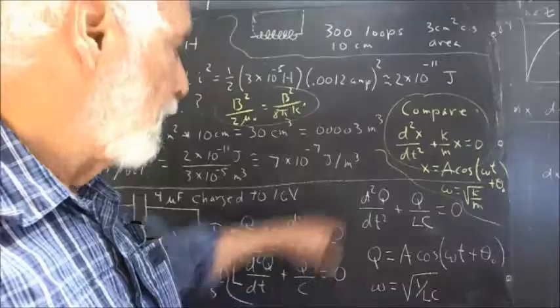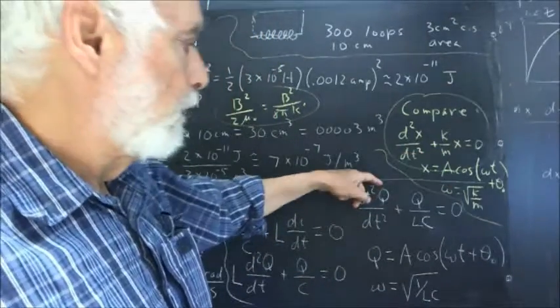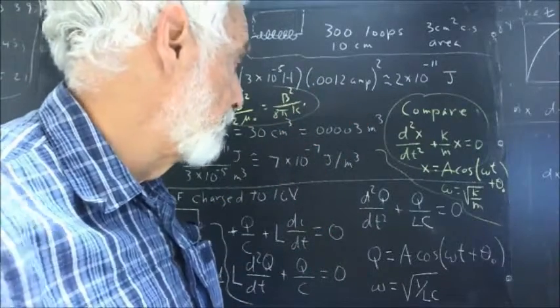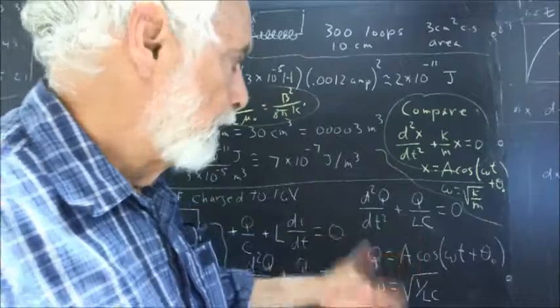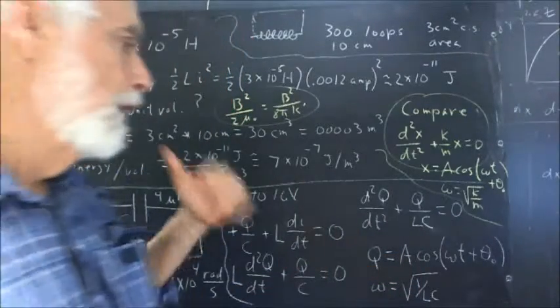If we divide through by L, here's the equation we want to solve. And we solve this by letting Q equal e to the mt or e to the rt, whatever you want, taking the derivative, solving for r, and plugging back in to the e to the rt.